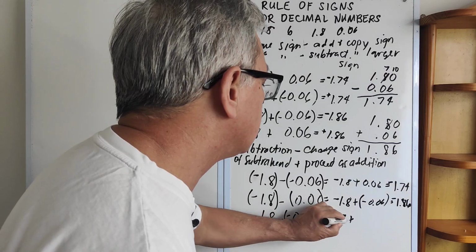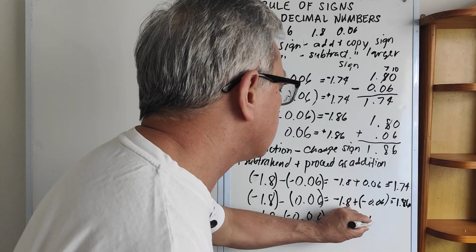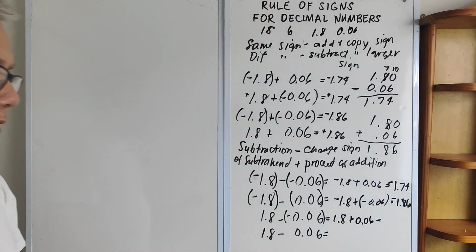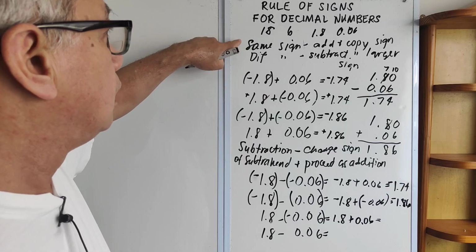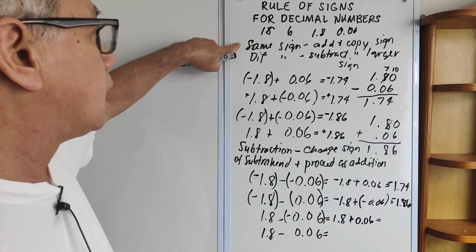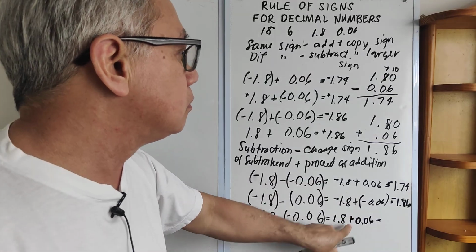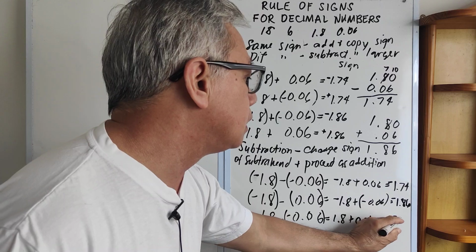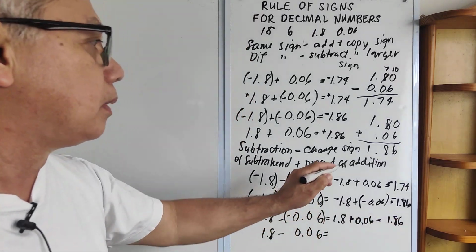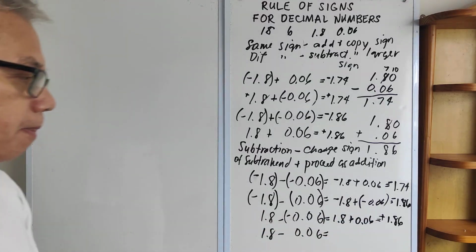So this is addition, and this becomes positive 0.06. So when this one is now addition, we follow this rule. They have the same sign, so we add and copy the sign. So we add these two, which is 1.86, and then copy the sign. They are both positive, so this is still positive.